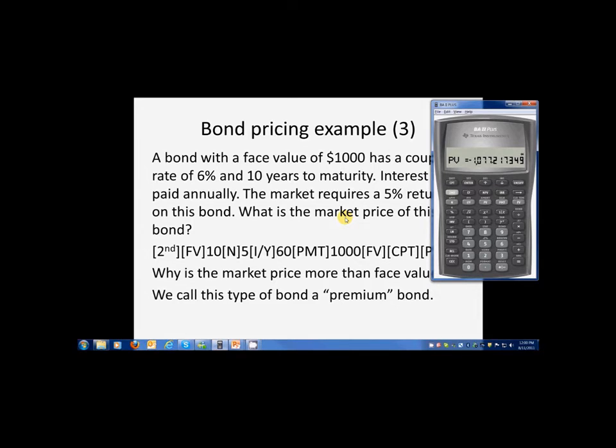At the end, this is going to give them a 5% return. They'll have a 6% return on the coupons, and they'll have a small negative return on the capital value of the bond itself, and so they'll wind up with a 5% return.